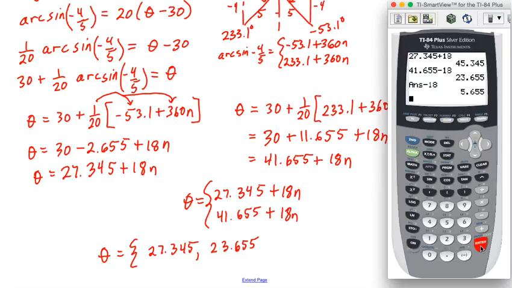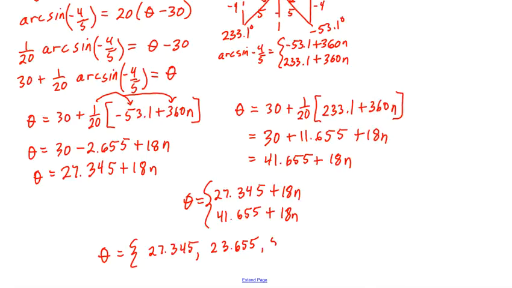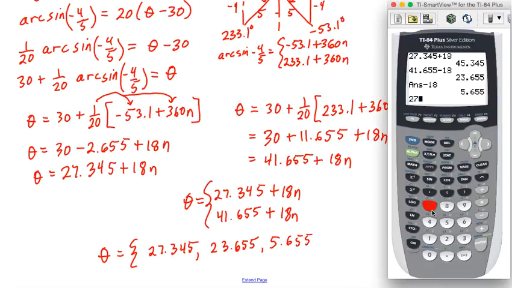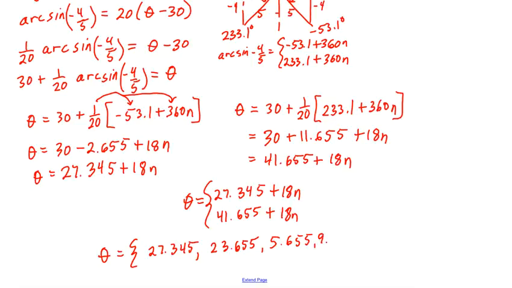Yeah, 5.655. How about if I subtract 18 from 27.345? That's when n is equal to -1, and I got 9.345. Now if I subtract 18 again, they're going to be negative, and I don't want those. So that's the general solution.